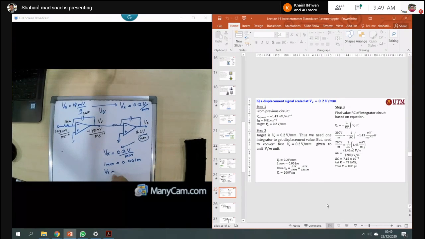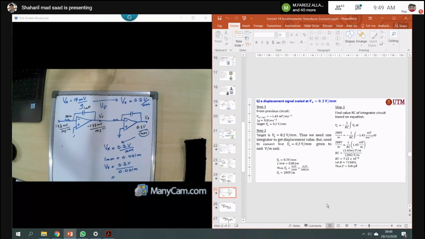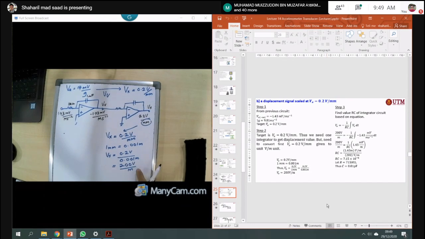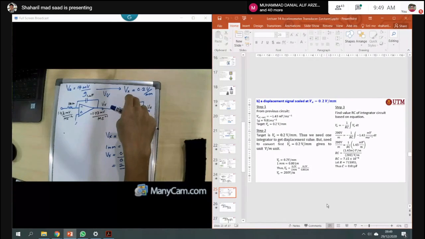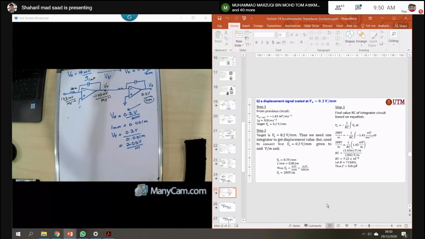Now Vx is 0.2 volt divided by 0.001 meter. Then you can get 200 volt per meter. Okay, done. We already converted this one to the standard unit of meter, and then you can find the value for C and R here, right? Because we use another integrator with C and R based on that formula.